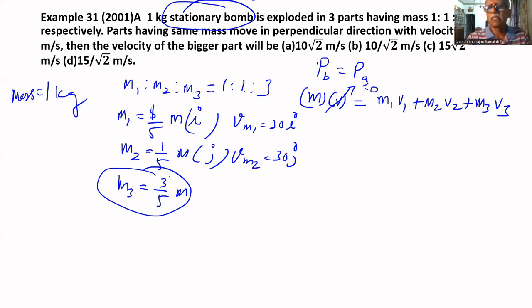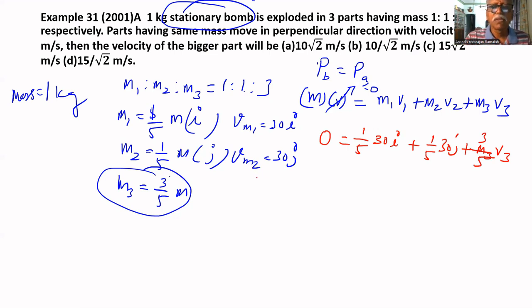That's why we can say that 0 equal to M1, M1 is 1 by 5, V1 is 30I, plus M2 equal to again 1 by 5, 30J, plus M3 V3. M3 equal to 3 by 5, that is given.